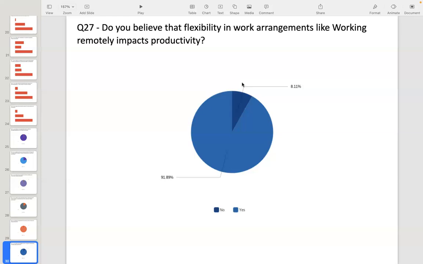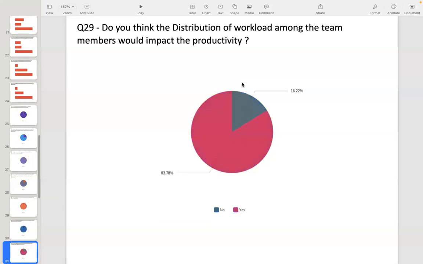It just briefly mentions how flexible a person is with the working arrangements.